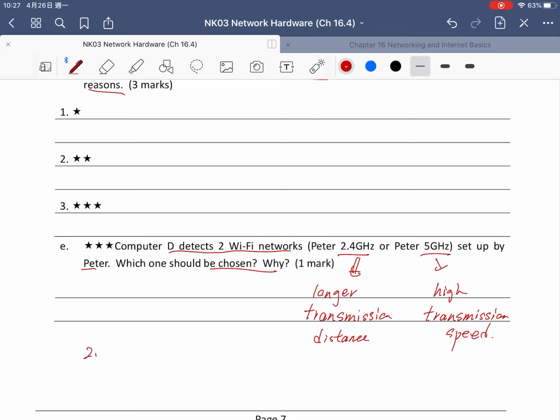For example, I choose 2.4 gigahertz. The reason is because Peter is far away from the access point, so D is far away from the access point.